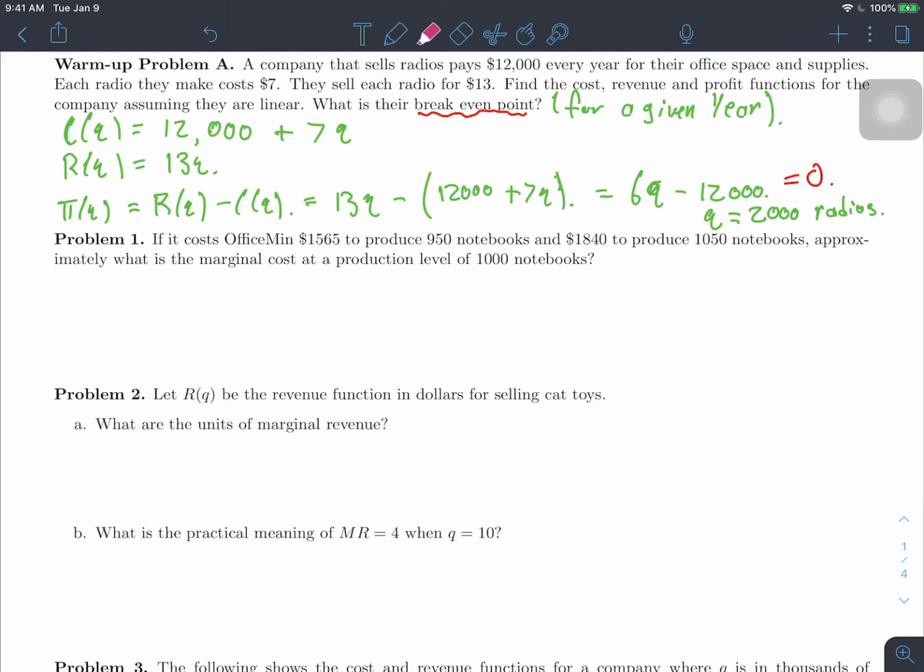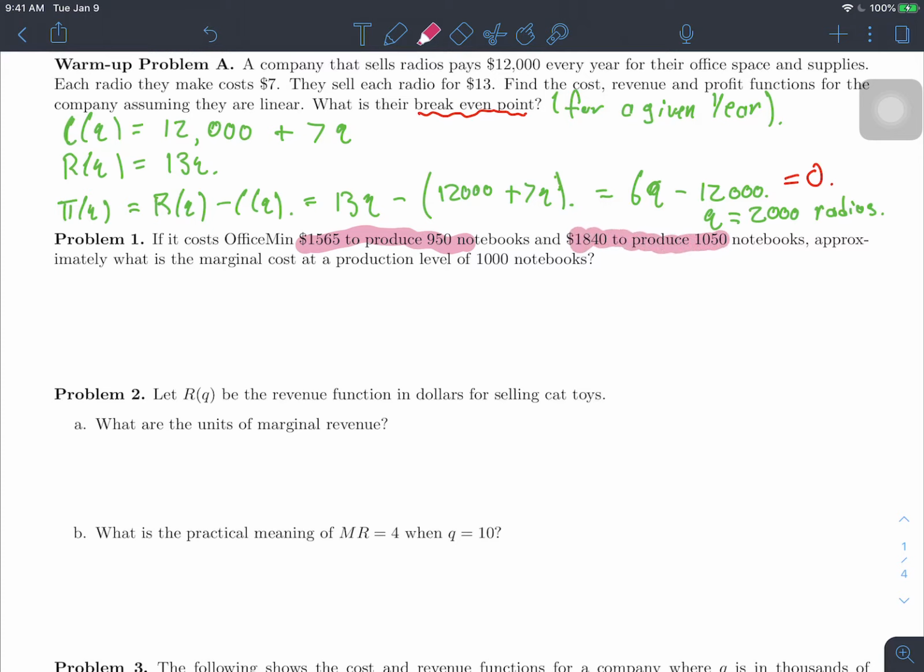Okay. I'm going to try to digest what this word problem is really asking me for. It says, okay, we have two data points on a graph. 950, 1565, and 1050, 1840.